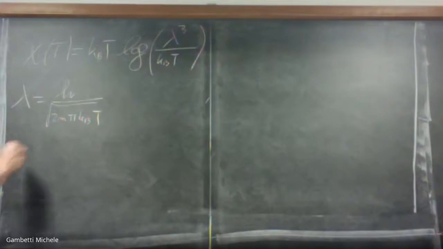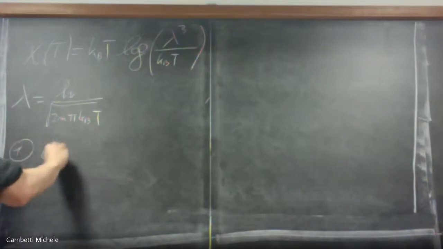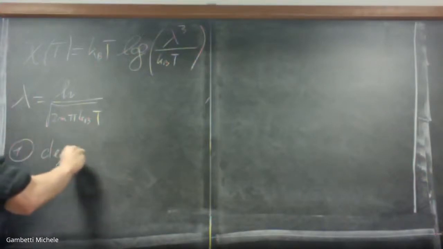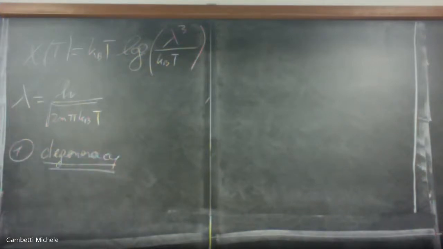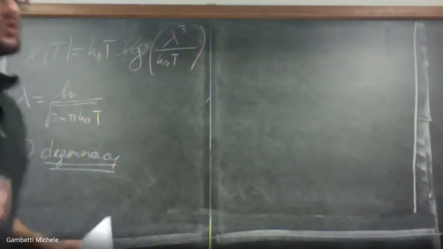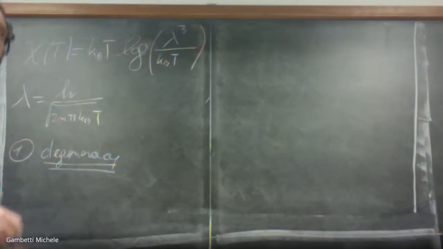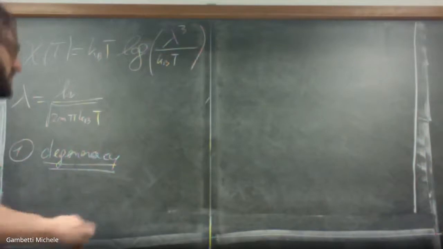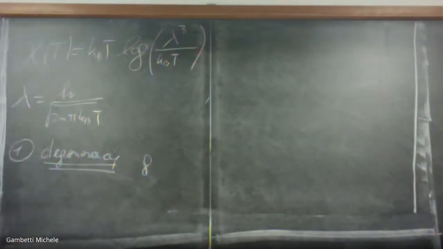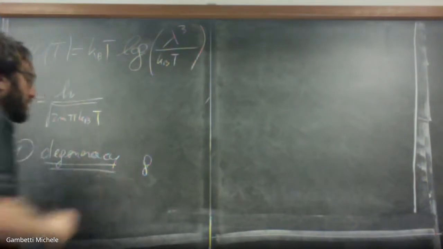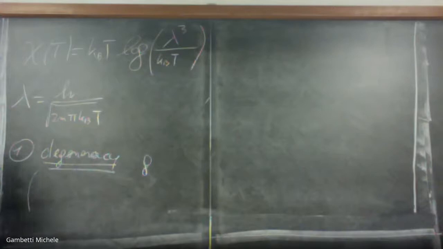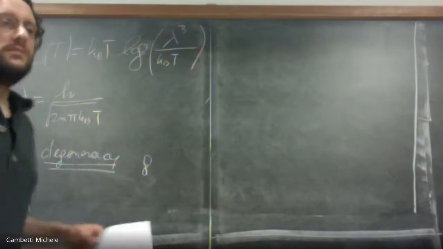Now there is another thing, which is the possible degeneracy, that I would like to introduce at this level, just providing you a sort of argument. We will see in a better way in the future how this degeneracy factor can appear in the formula of the chemical potential chi. The degeneracy could be, for instance, due to the fact that particles have a spin, typically.